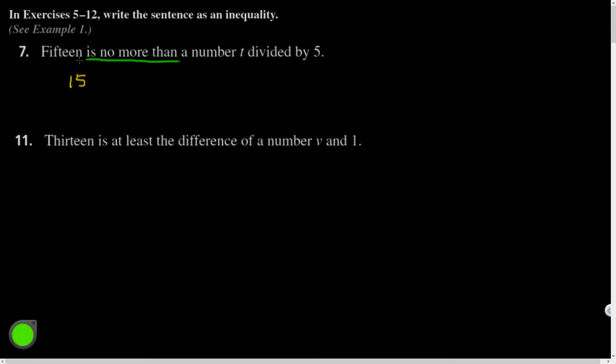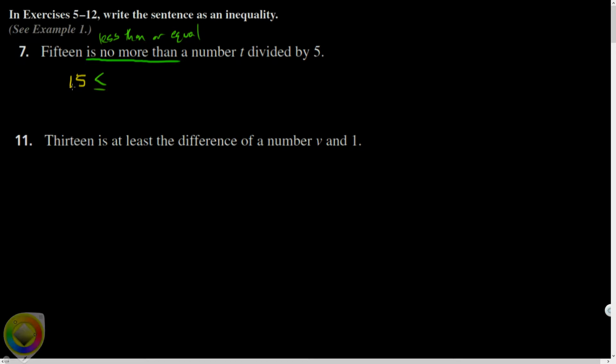So, guys, if 15 is no more than, does that mean it could be less than what's coming up? Yeah, it could be less. Does that mean it could be equal to something when it's no more than it? Yeah. I think it means it could be less than or equal. So I'm going to write less than or equal, with the little half equal sign right there.